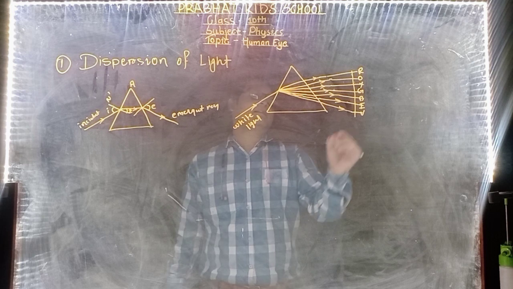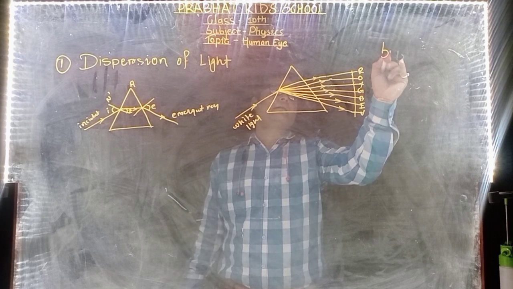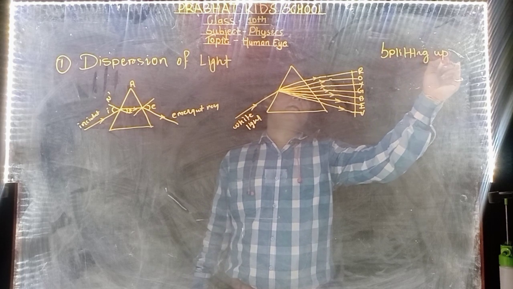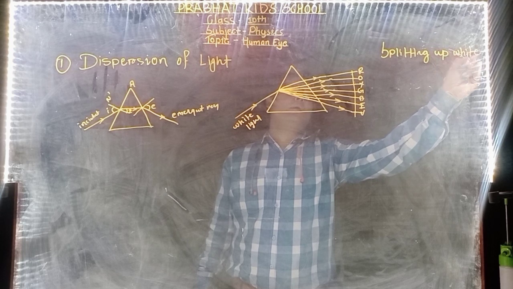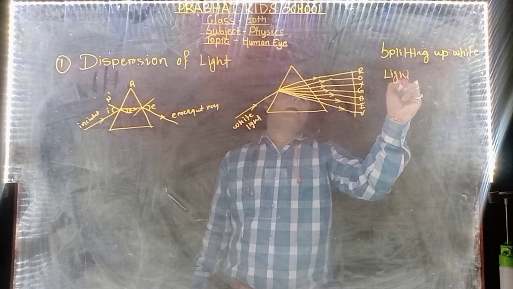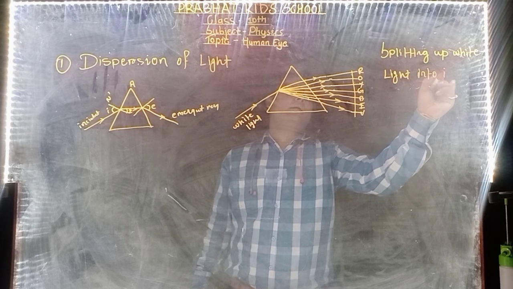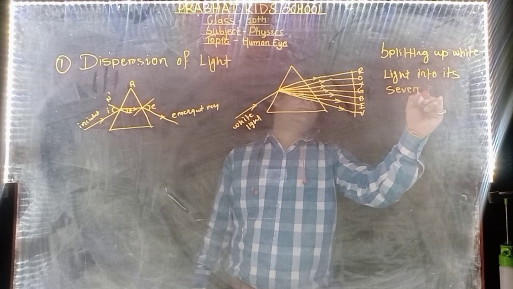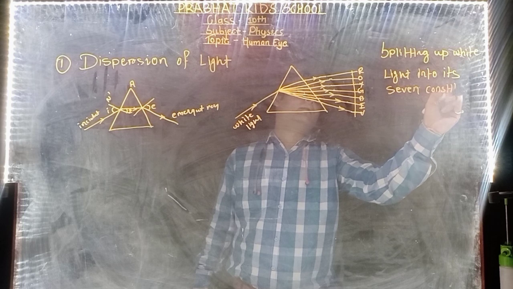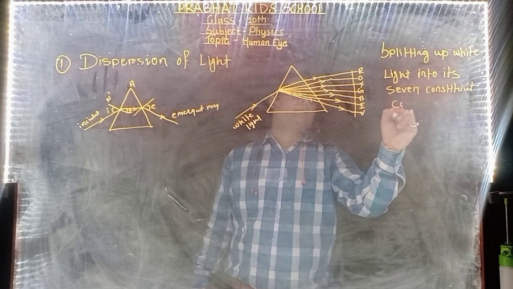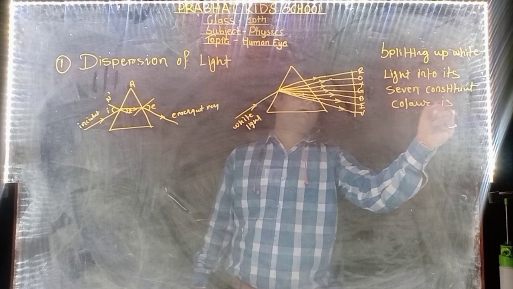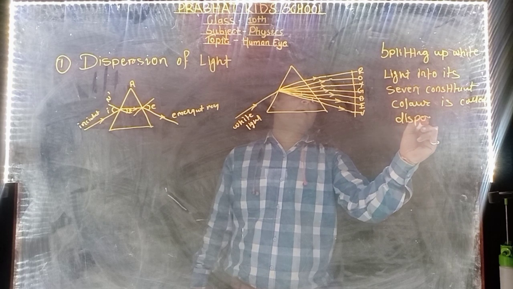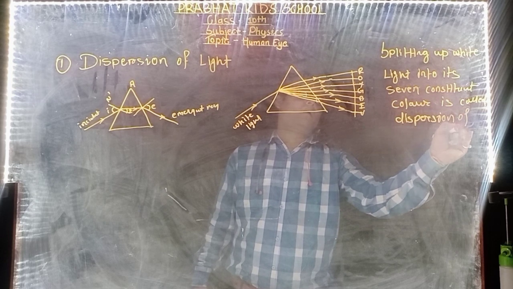So what is meant by dispersion? Here I am writing the definition, dear student. Splitting of white light into its 7 constituent colors is called dispersion of light.